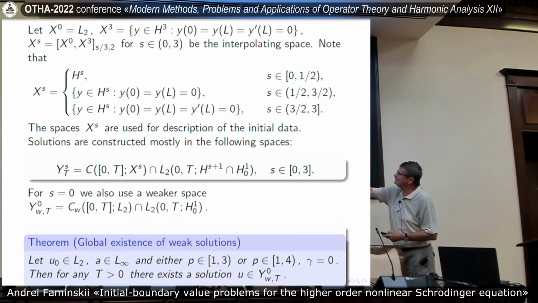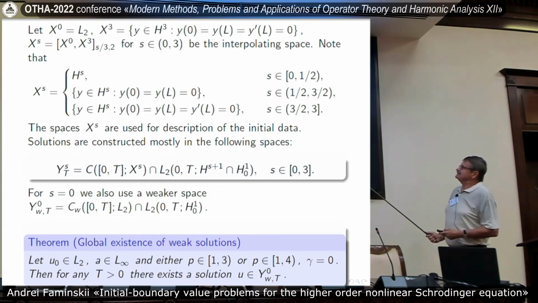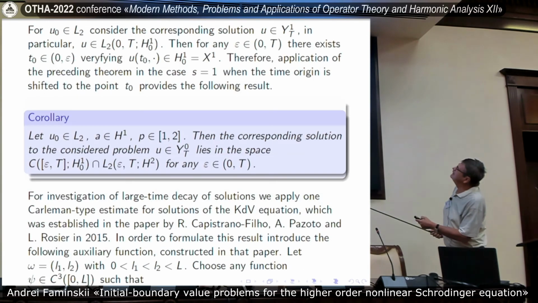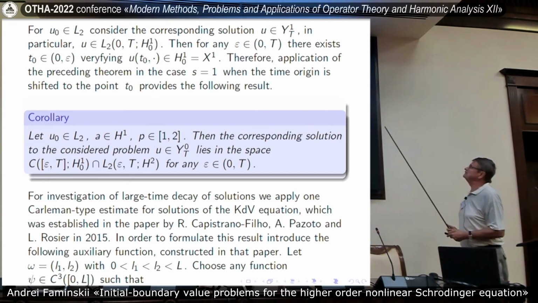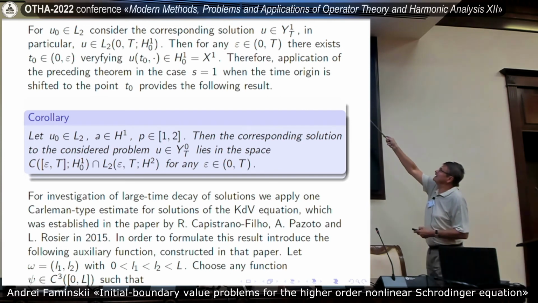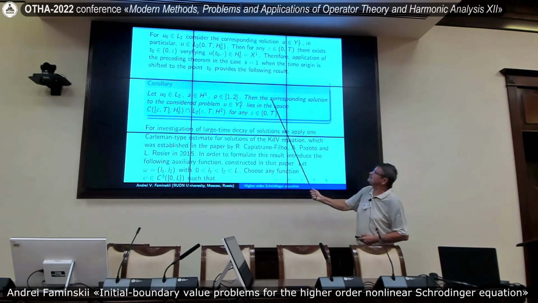So here we have L2 on the interval 0T, and here we have H1, H2, and, oh no, here is a mistake, a misprint. Of course, Y0, and here we have H1, of course.